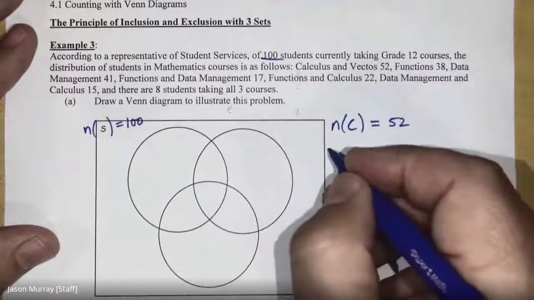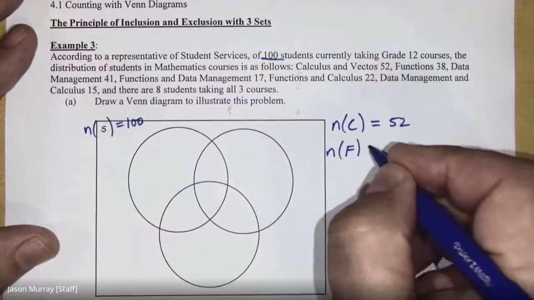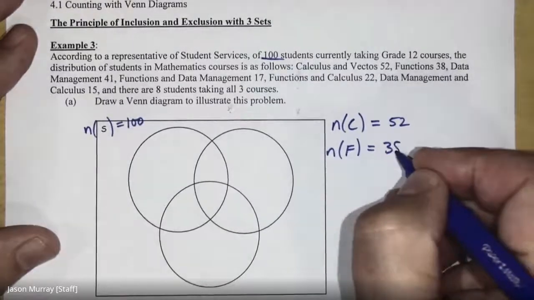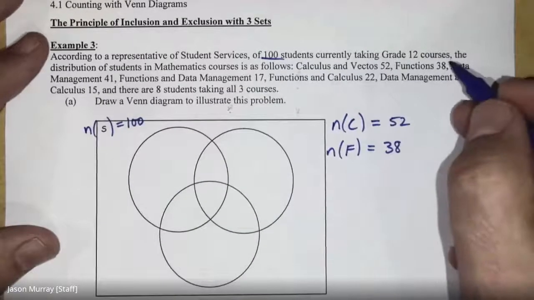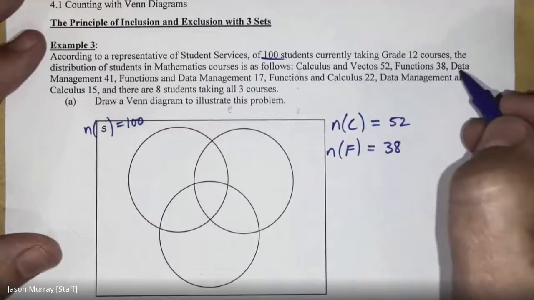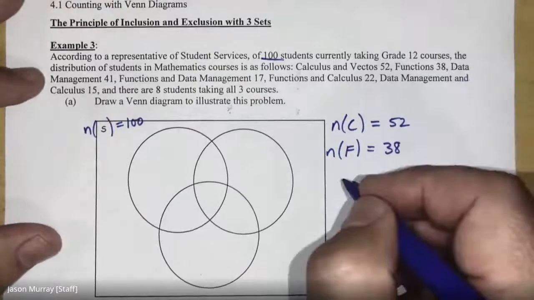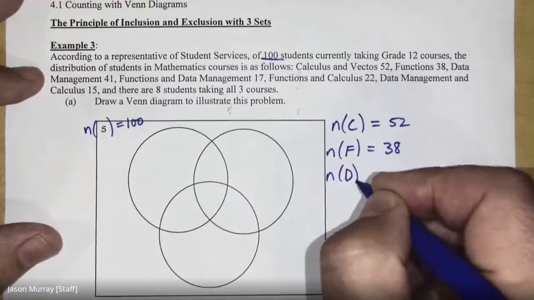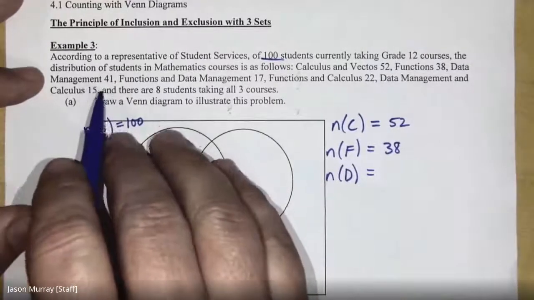Functions we'll call set F, so the number in functions is 38. This is just me organizing my thinking around what the question is telling me. Data management, we'll call set D. In data management, we have 41.